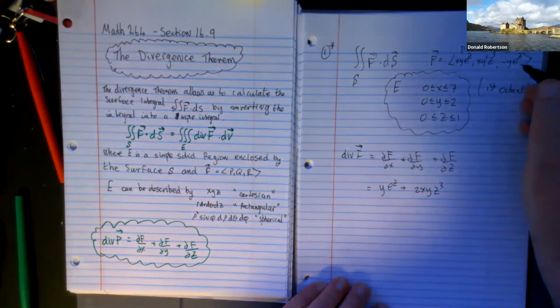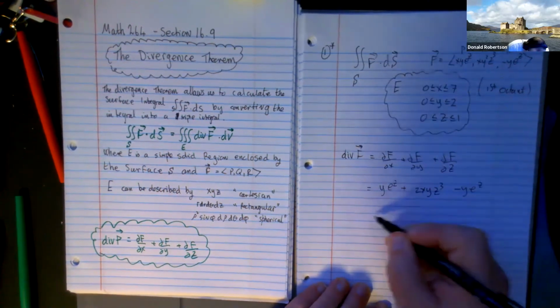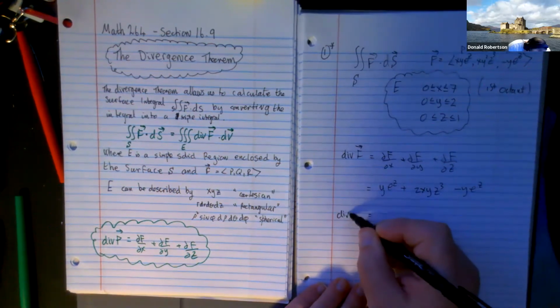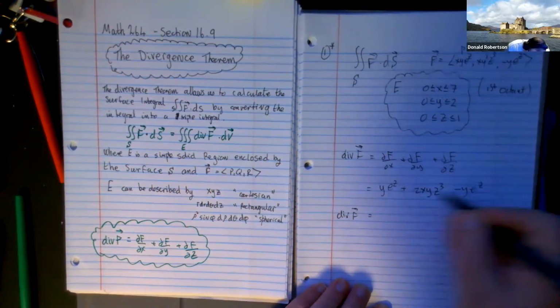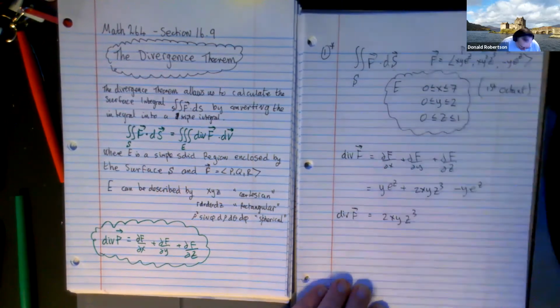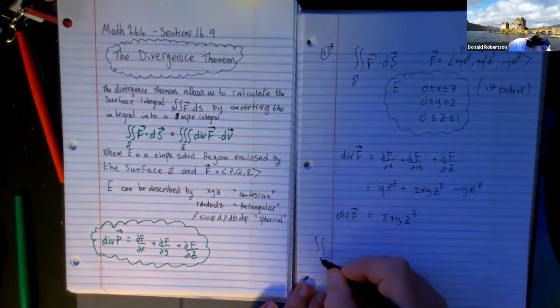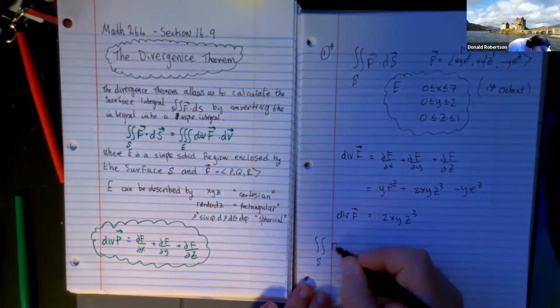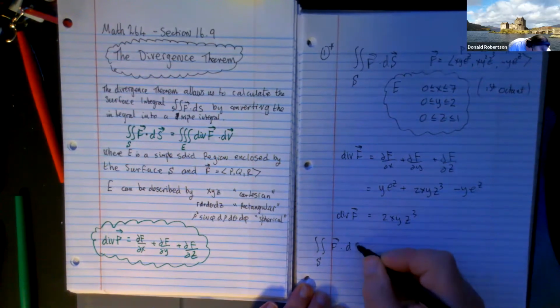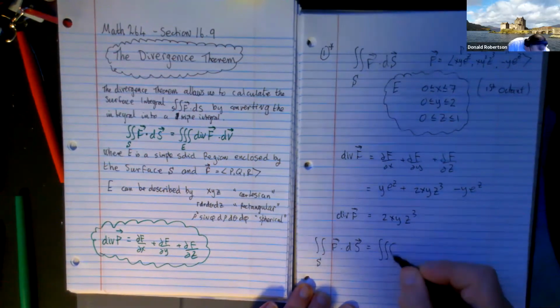And if you do the last one with respect to z, you get this, which means that since the first and last cancel each other out, we get that. We're pretty much done. This surface integral is the same thing as this triple integral.